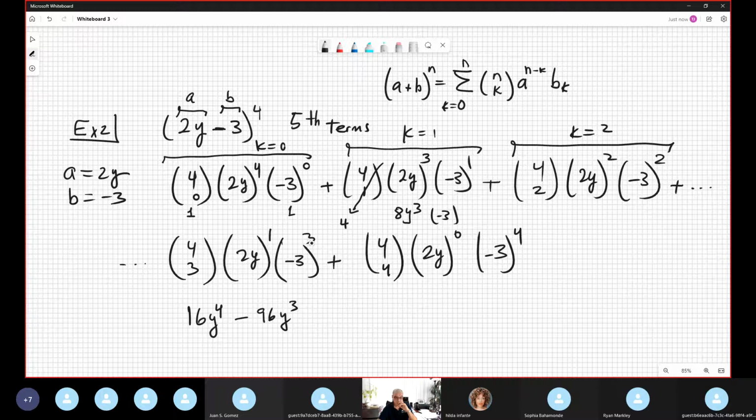Now the next guy is, well, 216 y squared will come from 216. Okay, combinatory number 4 choose 2, I'm using my own calculator that I have in my hand. Combinatory number 4 choose 2 is 6.